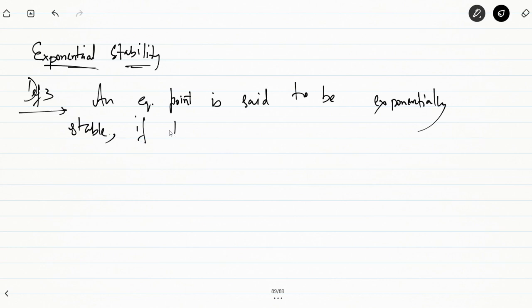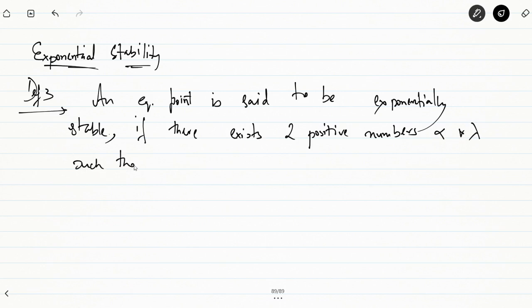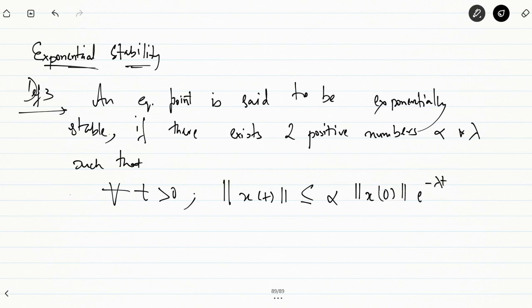Such that there exist two positive numbers alpha and lambda such that for all values of time t greater than 0, the norm of x(t) is less than or equal to alpha multiplied by the norm of the initial conditions times e raised to the power minus lambda t.